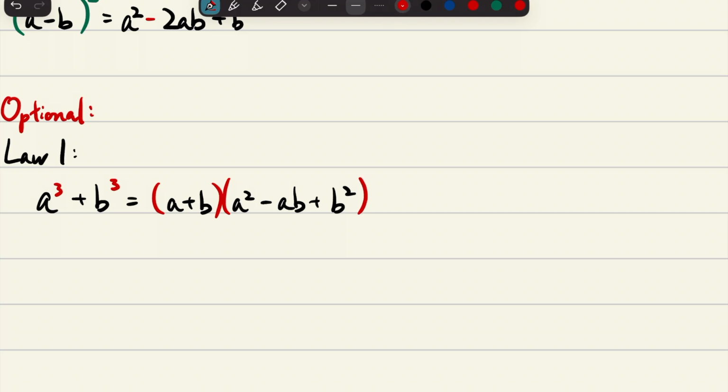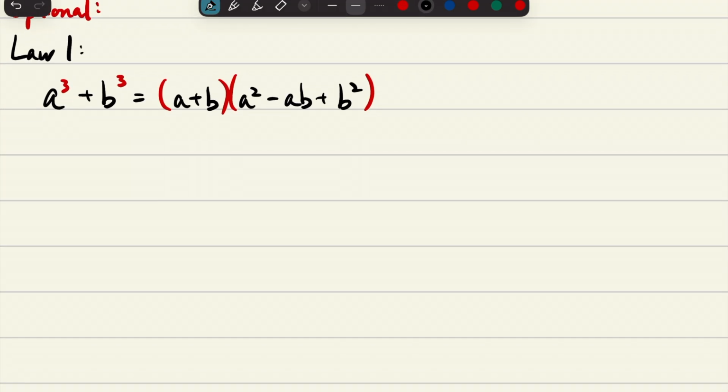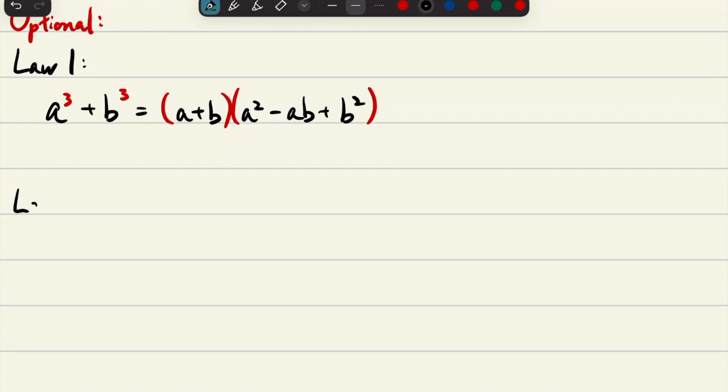This one actually looks harder because there's cubes inside. There's a cubed plus b cubed, but there's a pattern. And for the last optional law, we have the difference of cubes. So it's a cubed minus b cubed.